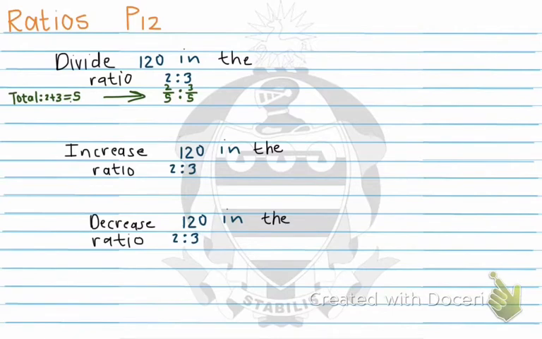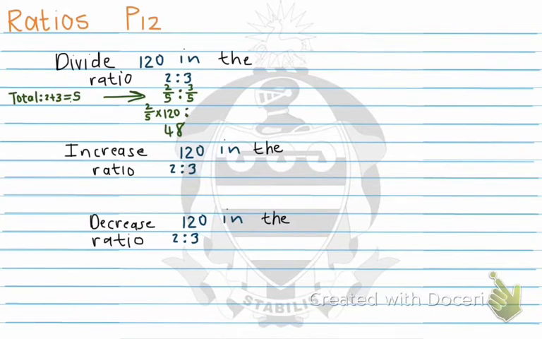Okay, so let's work out how many each person will get. You will say 2/5 of, which actually means a multiplication, all right? So 2/5 of 120, that we must work out. You can use your calculator to do that, and that gives me an answer of 48. So one person will get 48 of the 120.